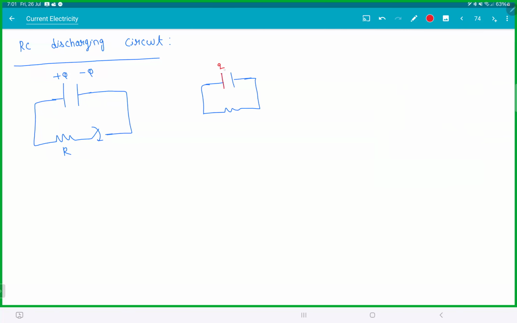So here, let the charge be Q, let the current be I. Now I will be minus dq by dt since Q is decreasing.